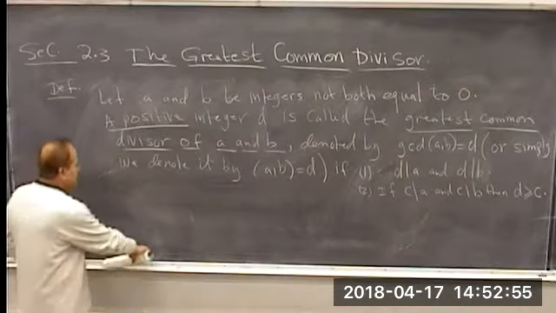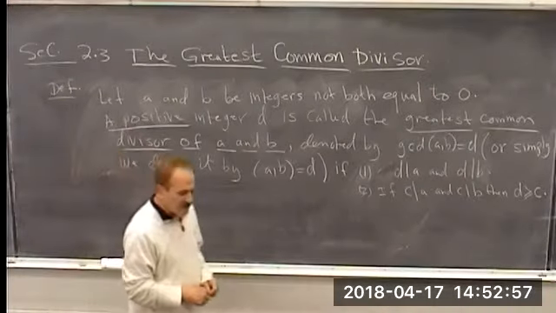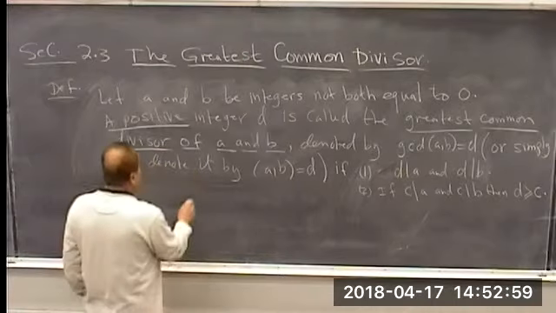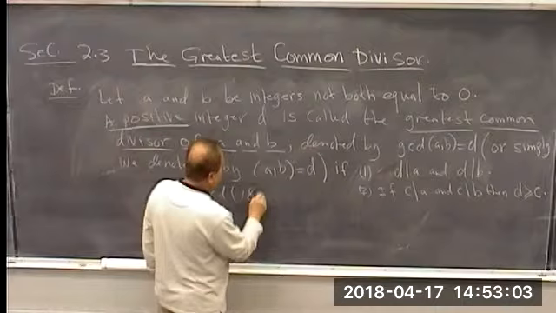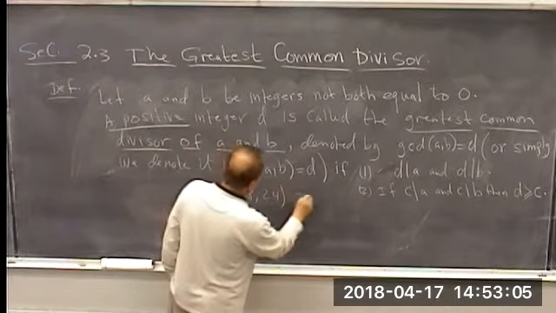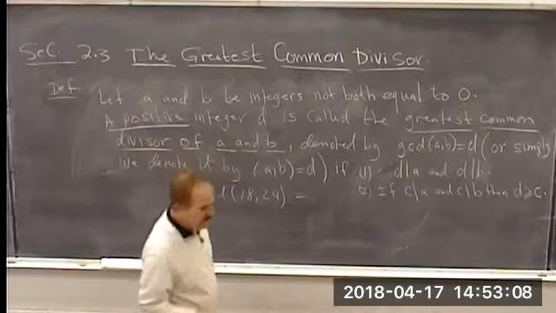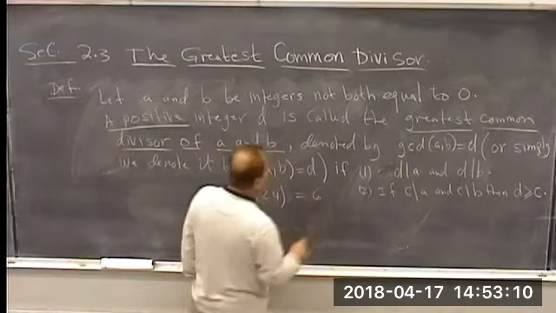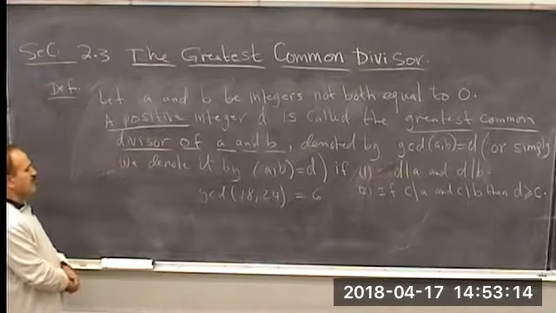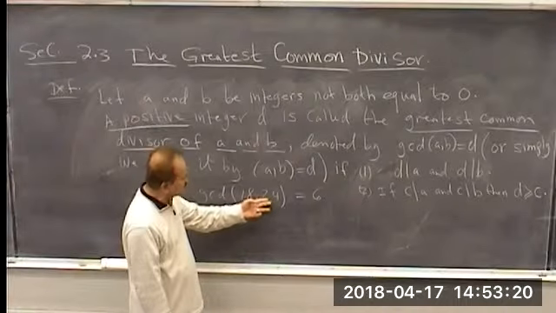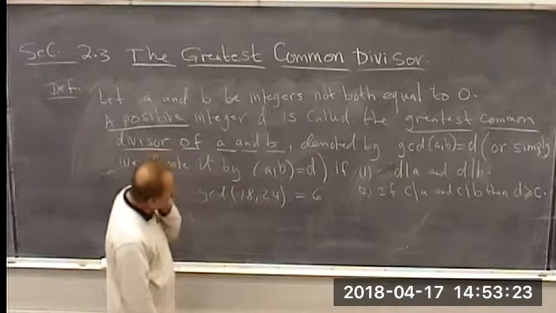Just a simple example: the greatest common divisor of 18 and 24 is equal to 6. So 6 divides 18 and divides 24, and among the divisors of 18, there is a 9, which is bigger than this, but 9 doesn't divide 24, and so on. So you will find this is it.